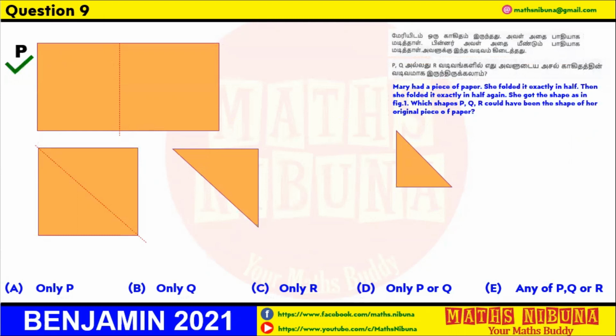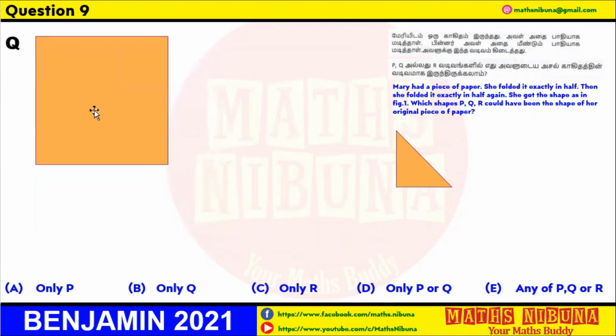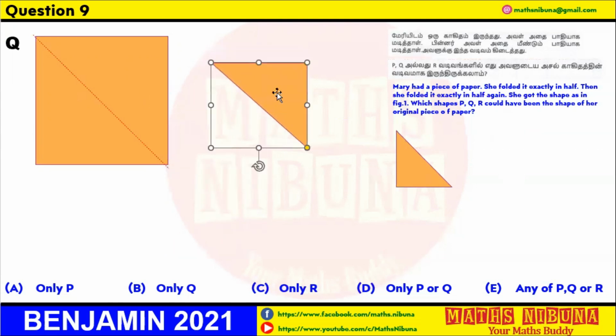Okay, next going to Q. Look at Q. Let's say at the first attempt she folds diagonally. When she folds diagonally, she folds the other side, so she will get something like this, from here to here.